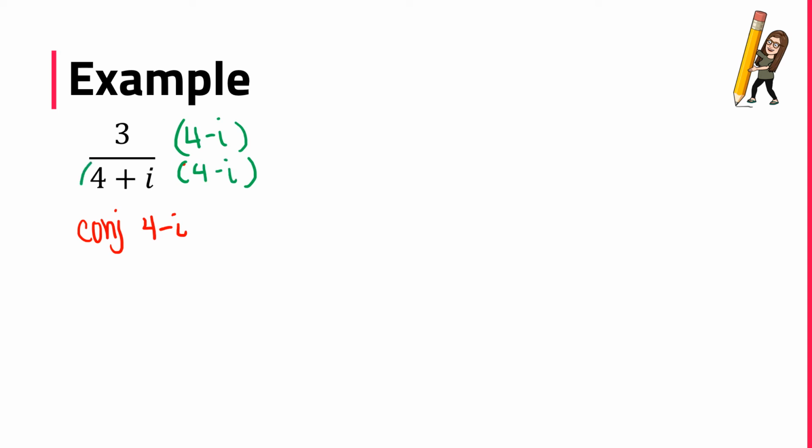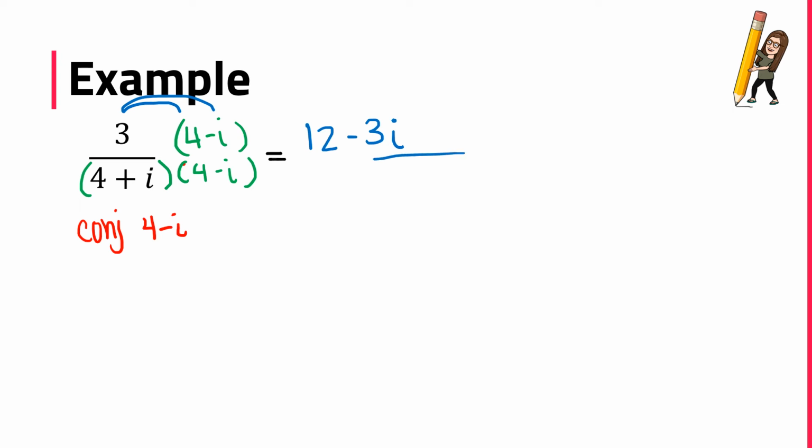Now keep in mind this is treated like a binomial, so I'm going to put parentheses around it to help remind me what I'm doing here. We can now multiply. I'm going to distribute the 3. I have a 12 minus 3i as my new numerator.